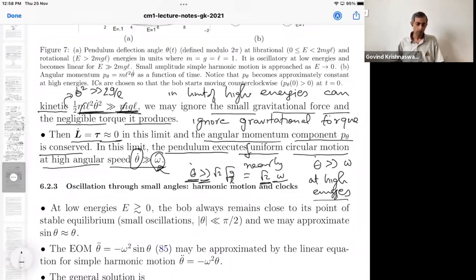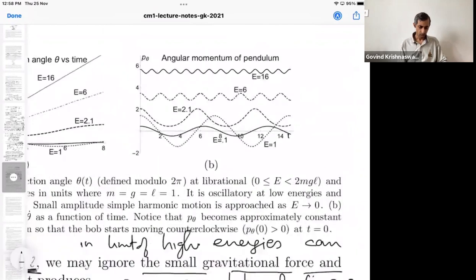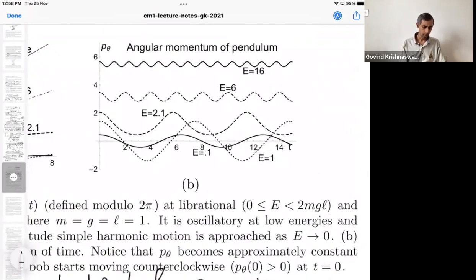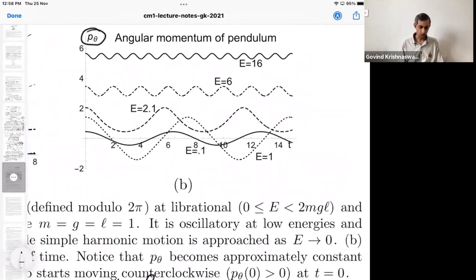Okay, so then let us see this in an actual figure. I have actually solved the equations of motion, those nonlinear equations, and plotted here the angular momentum p theta of the bob as a function of time. The horizontal axis is time.